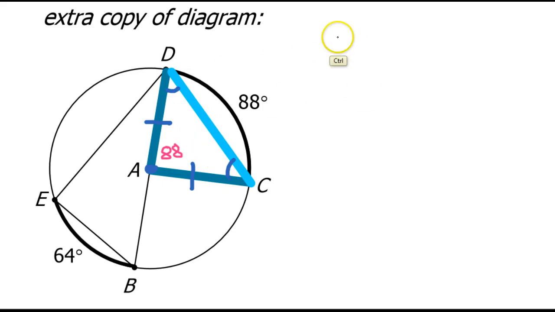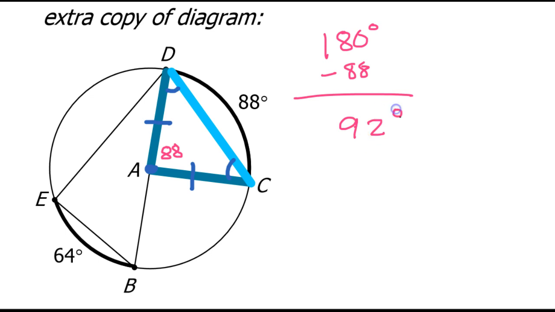A triangle in full starts out at 180 degrees. Okay, so far we've used up 88 degrees. So if I subtract 88 degrees, then that leaves me with 92 degrees.